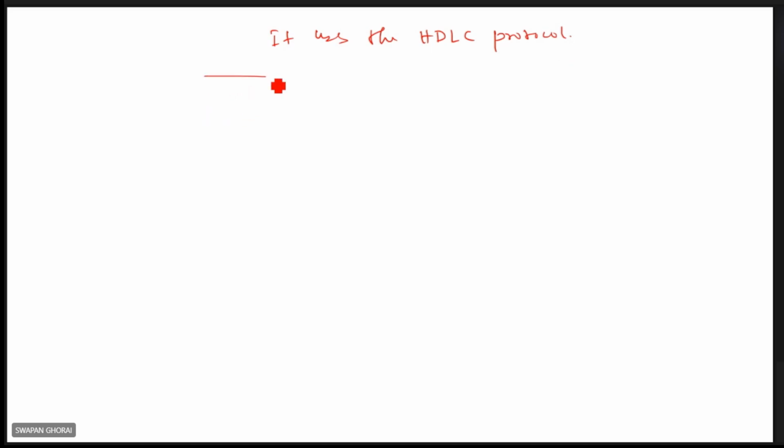So there will be a flag. We have seen it, flag. Next, there will be address. Next, there will be control.